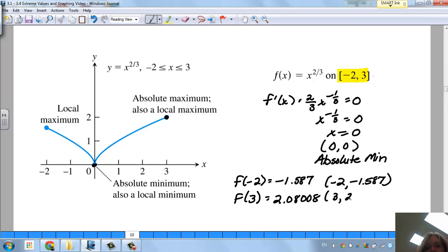So it's (3, 2.08008). If we were going to look at what would be the absolute max, this one looks like the highest point there is. So this is going to be our global max in this problem. So now this is what you've got, and I just wanted to show you a couple problems where it's a little bit different when you have an absolute or a global max or min.